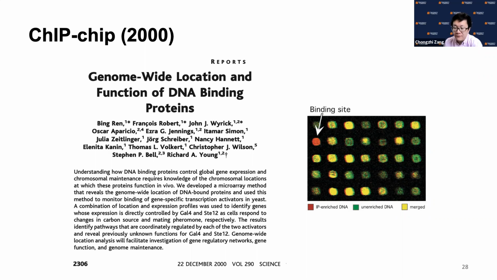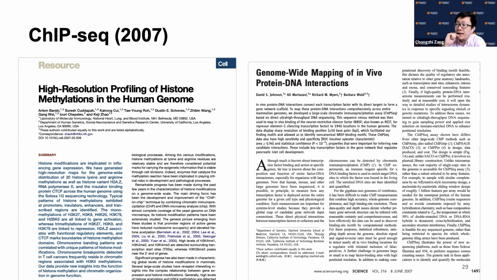Of course, you can design probe sets like tiling array techniques, meaning that you can design the probe sets across the whole genome, but that's also very expensive and not very efficient. But that was the technology at that time.